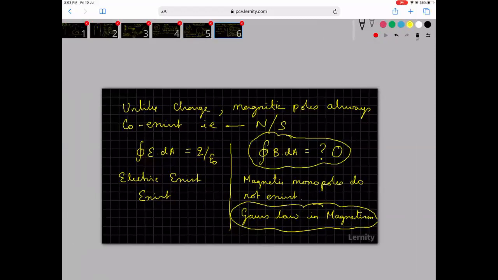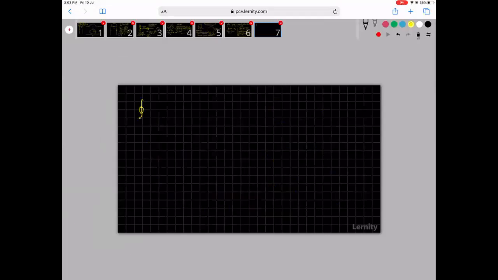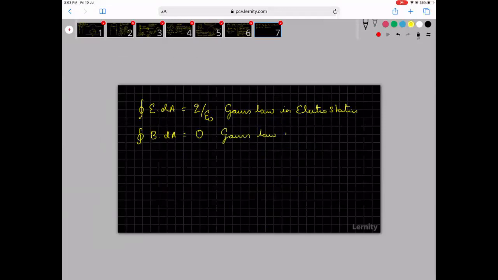Gauss law in electrostatics gives you that the surface integral of E dot dA is equal to Q by epsilon. The same thing in magnetism will give you is equal to 0. So this is Gauss law in electrostatics. This is Gauss law in magnetism.